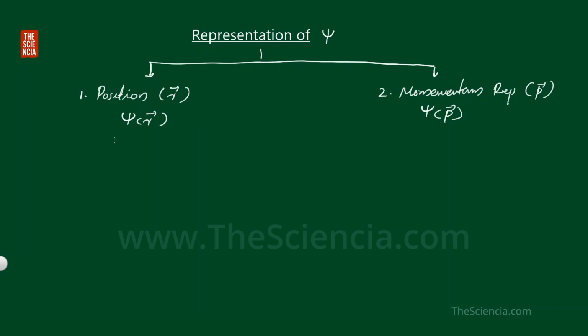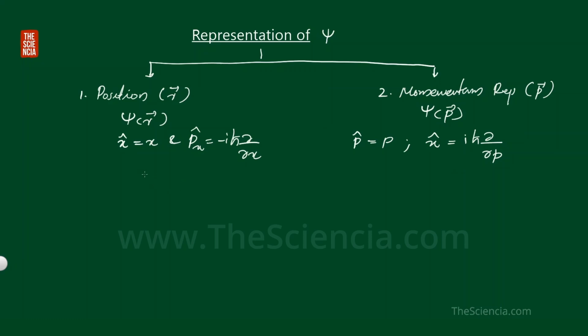And in position representation, we know the operator x cap equals x and p_x cap equals minus i h cross ∂/∂x. And the same operators in momentum representation will be p cap equals p and x cap is equal to i h cross ∂/∂p.